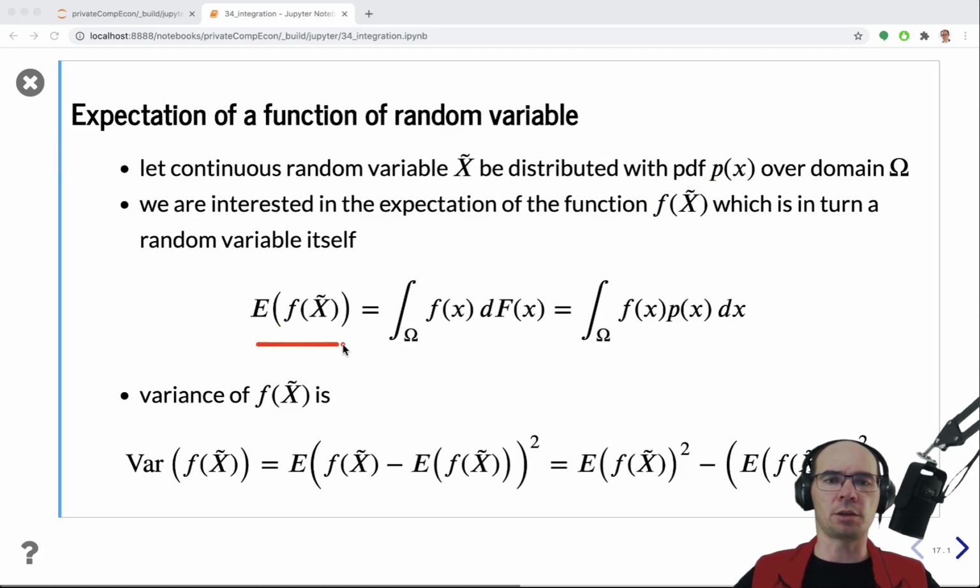This expectation is a well-defined object, and it's given by the integral of f of x according to the distribution of x. If x tilde is continuous, then we have this integral, where together with the function we also have the PDF. So you can see how it starts resembling the quadrature weighting functions. The variance is given by the standard formula, where the random variable x tilde now becomes f of x tilde.